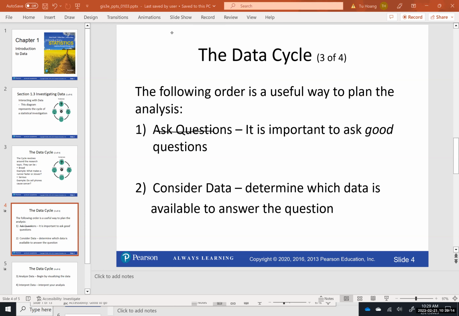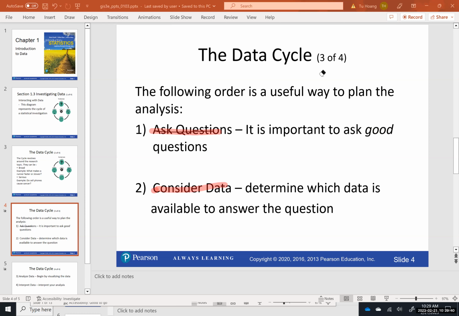And it is important to ask a good question, okay, a good question, and consider the data. We determine what data is available to answer the question.